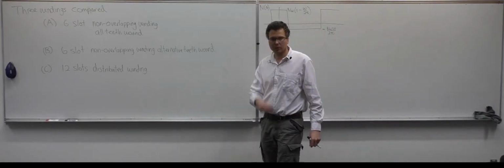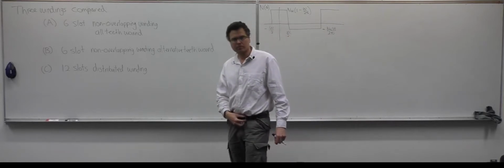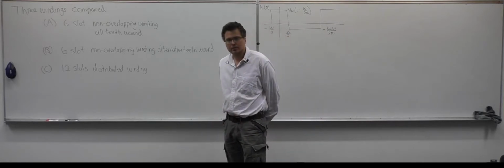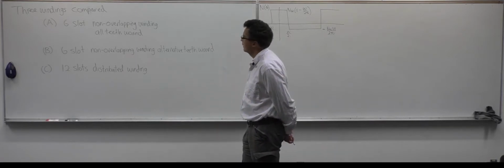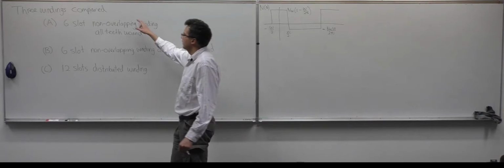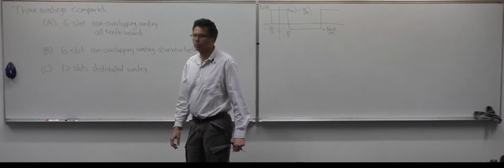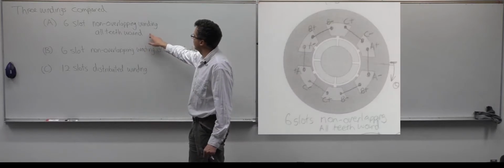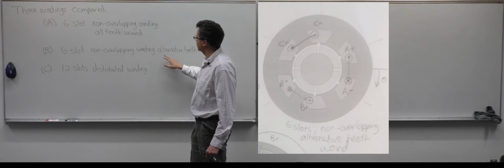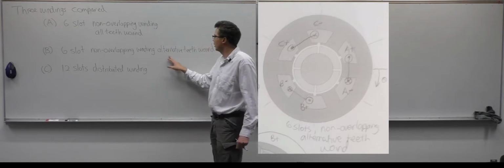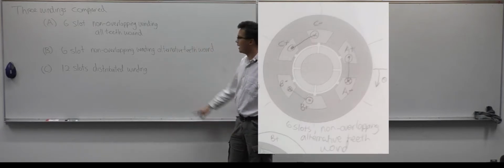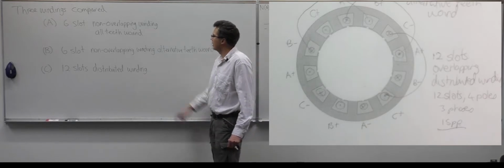Hello. So carrying on with the lecture that we began last time, where we were comparing three different fractional slot windings. We had a 6-slot non-overlapping winding with all teeth wound, a 6-slot non-overlapping winding with alternative teeth wound, and then a 12-slot distributed winding.